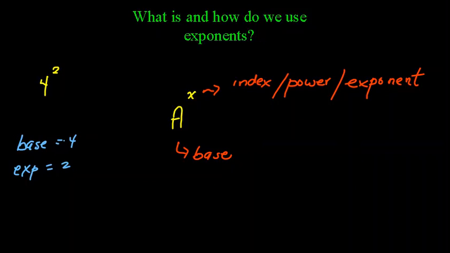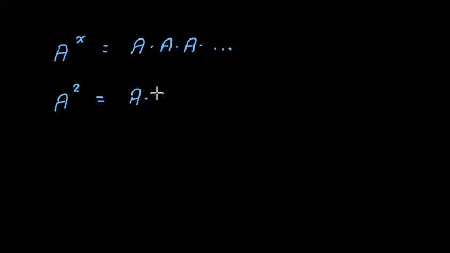So what does this all mean? First of all, if I see a to the x power, what it means is I'm going to multiply a by itself however many times x is. So if I see a to the second power, or a squared, I'm going to multiply a by itself, and you're going to have 2 a's.